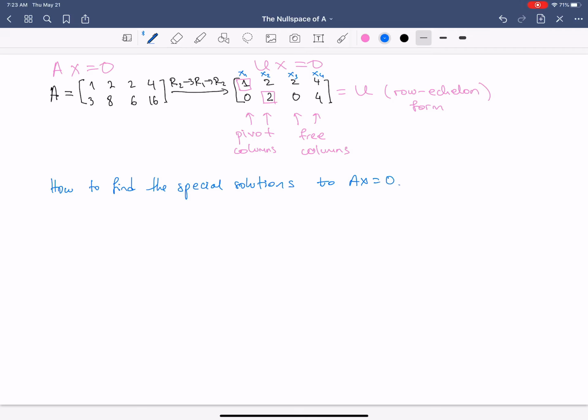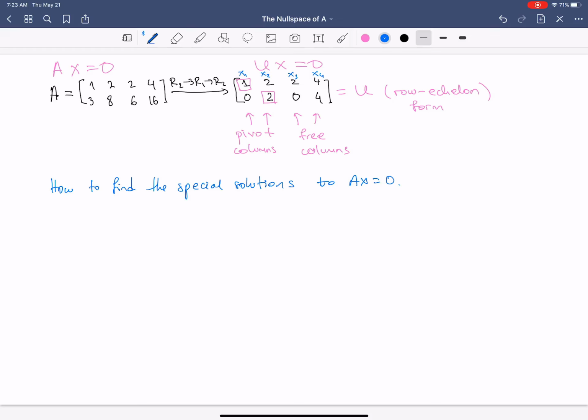What we're going to do, because we have 2 free columns, that means we're going to have 2 special solutions. So whenever you have a pivot column, that gives you sort of uniqueness in some sense. Free columns give you special solutions that are going to go into the null space.